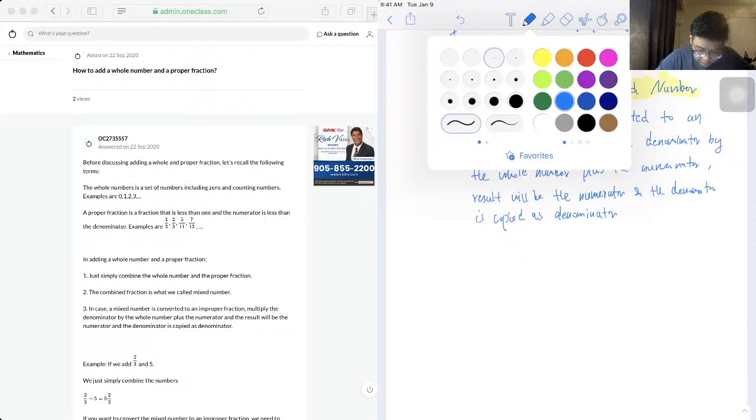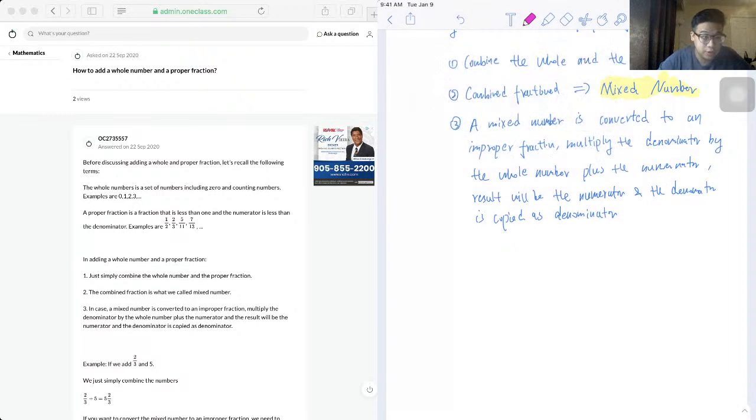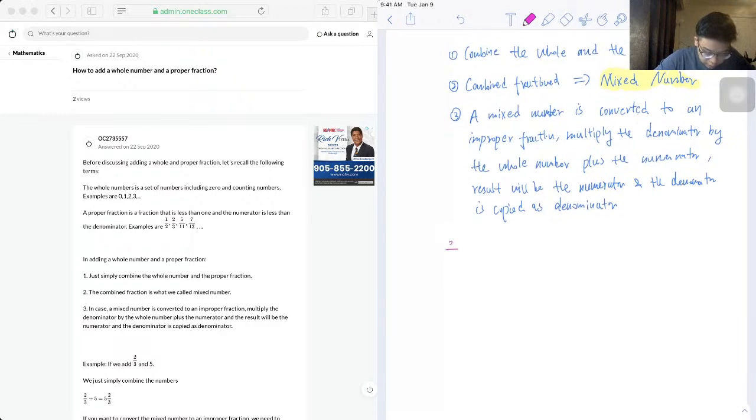So I'll use an example to explain. Let's just see the junior tutor's example. So we had 2 over 3 and 5. We just simply combine the numbers first. So 2 over 3 plus 5, we'll write it as 5 and 2 over 3.